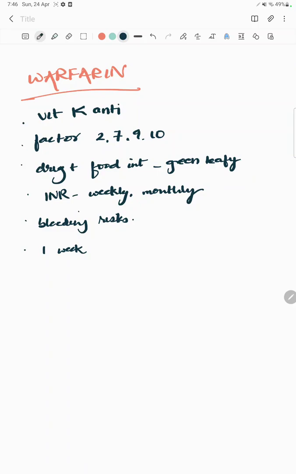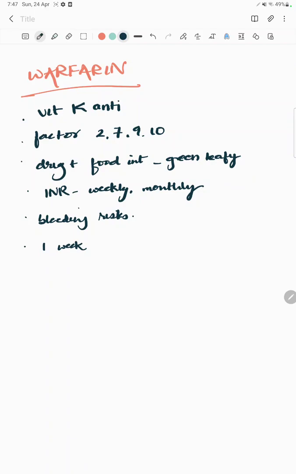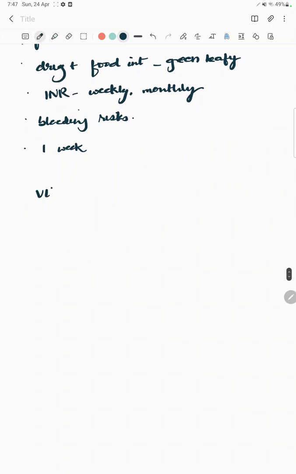Coming to the reversal of Warfarin, if patients are on Warfarin and tend to have a very high INR, and there's a risk of bleeding in the body, we have vitamin K injection.